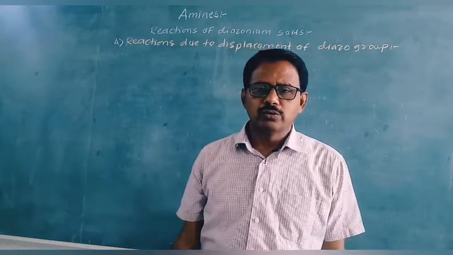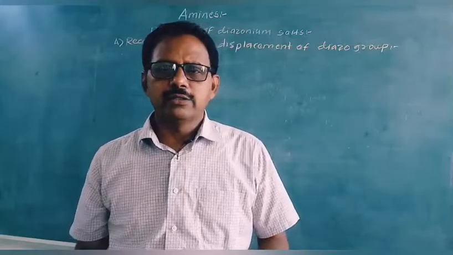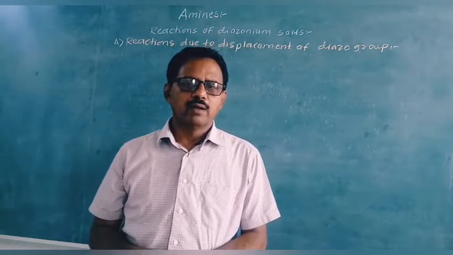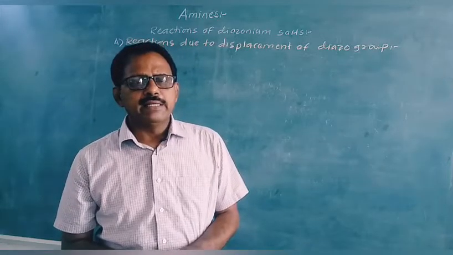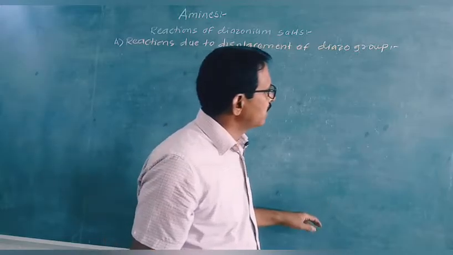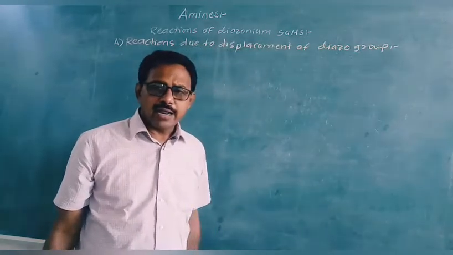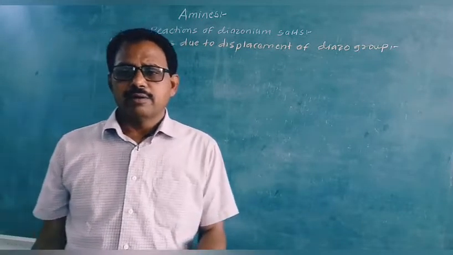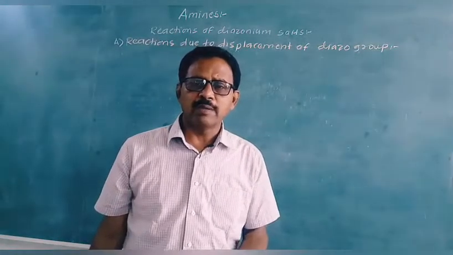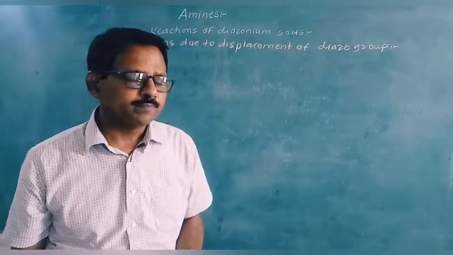Today we are going to study reactions of amines. In the previous lecture we have seen the alkylation reaction, in which hydrogen atoms attached to the nitrogen of amines are replaced by an alkyl group.